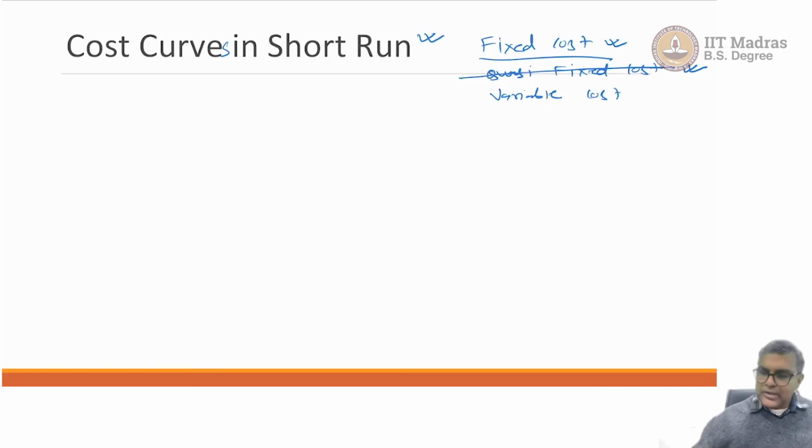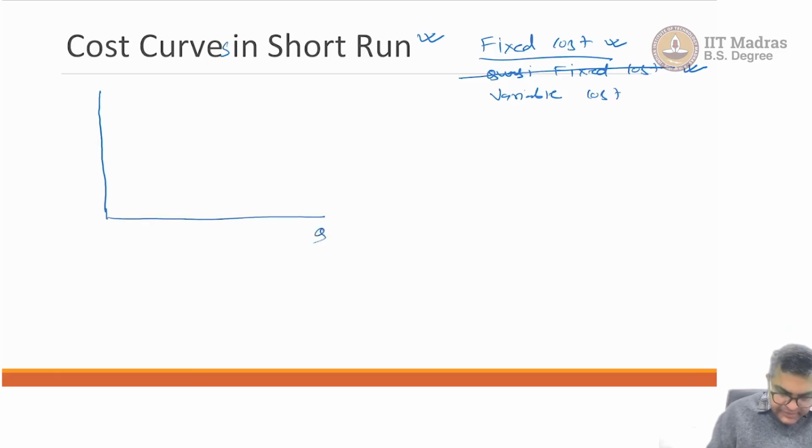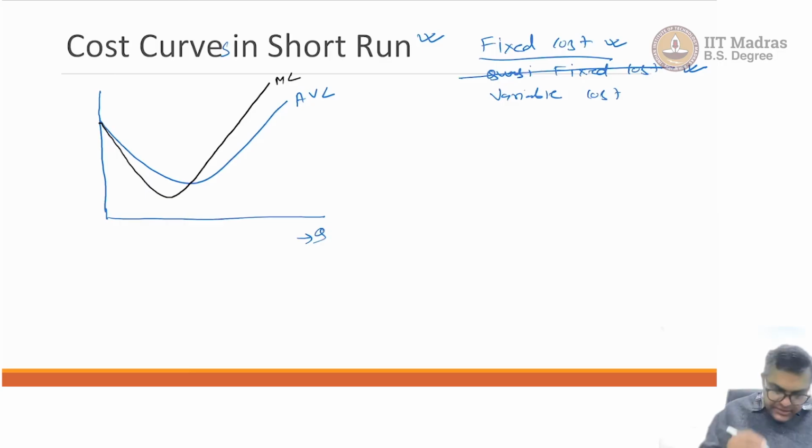So we have all the information to give you all the average cost curves. Let us say this is the way Q is varying on the x axis, and let us say this is your average variable cost. This is your marginal cost.